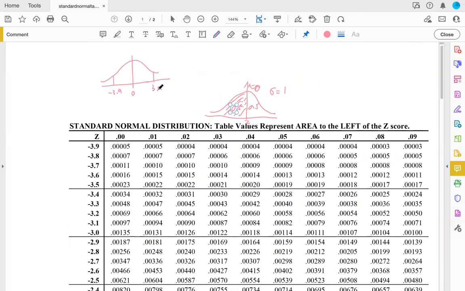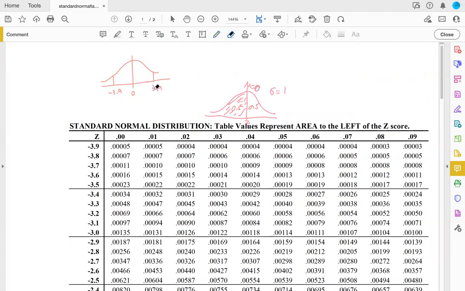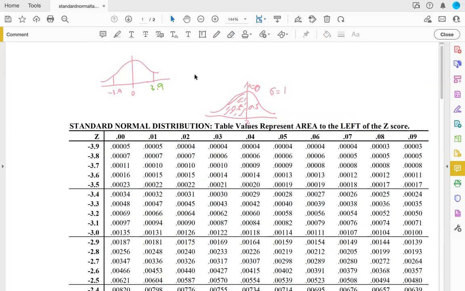So what that means is, let's say I change the color to green. 3.9.